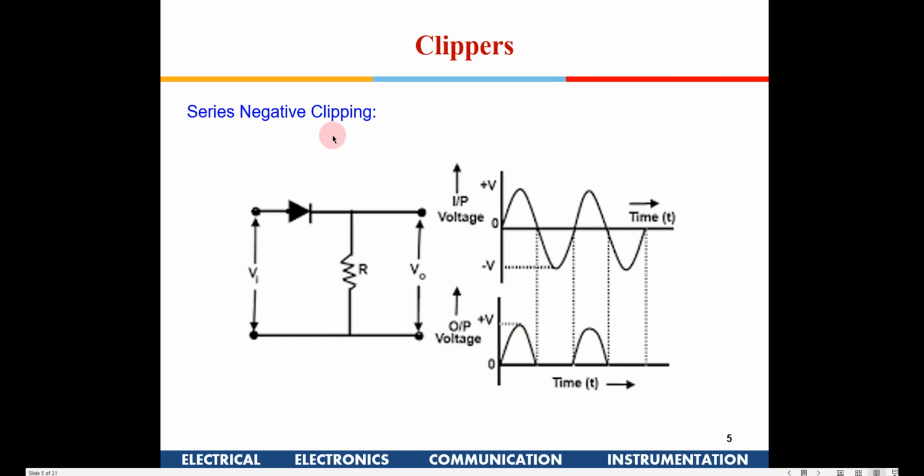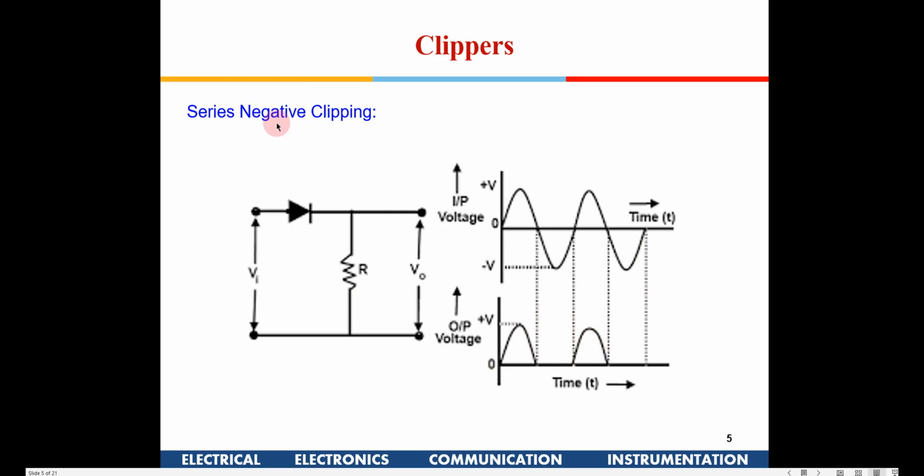Now you could also have a series negative clipping. Negative clipping means the negative portion of the input signal will be clipped. The output is positive, and we call this a positive clipper.